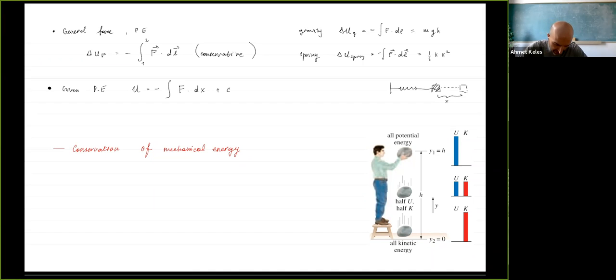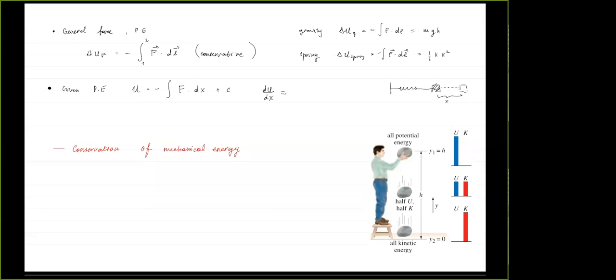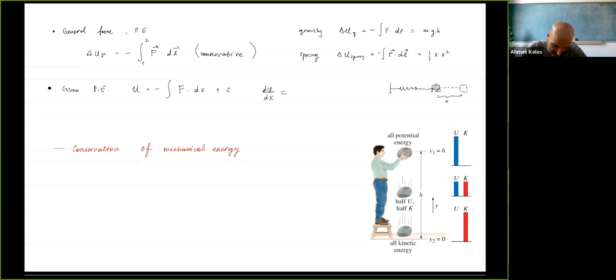Now I take the derivative of both sides with respect to x. So I have du/dx equal to, what is the derivative of an integral? The function itself. Yes, exactly. That's why people sometimes call the integral the antiderivative.